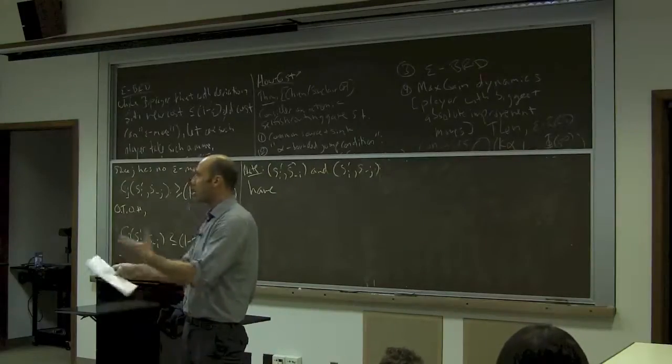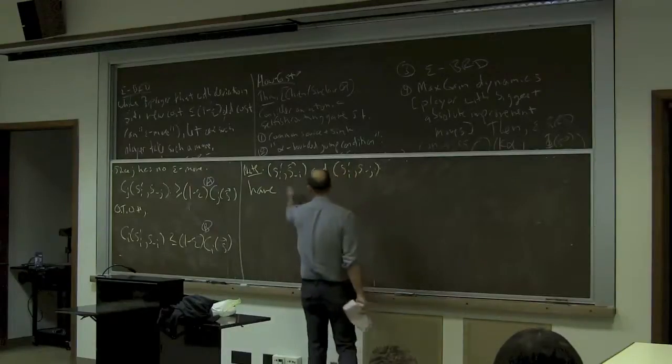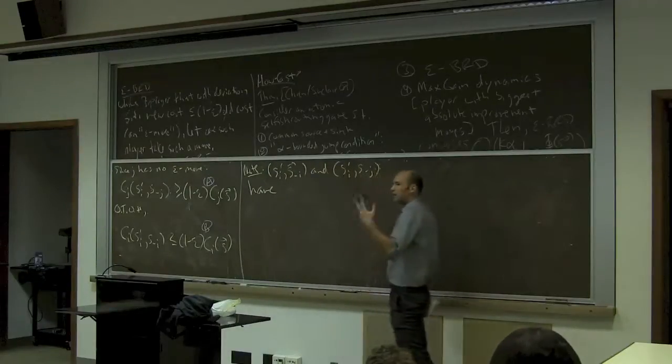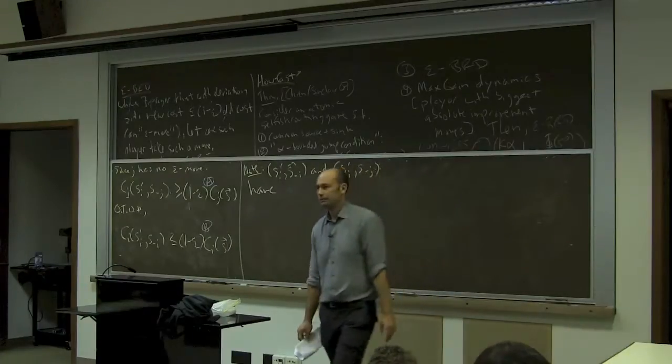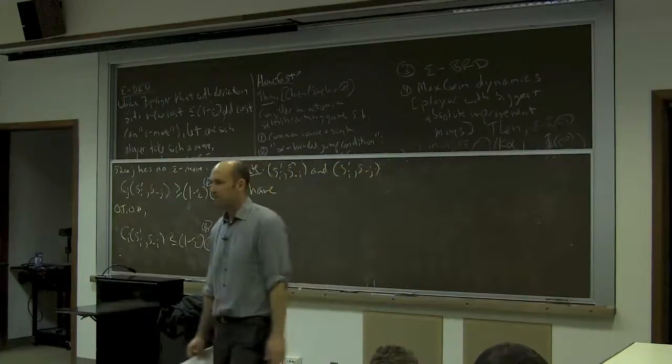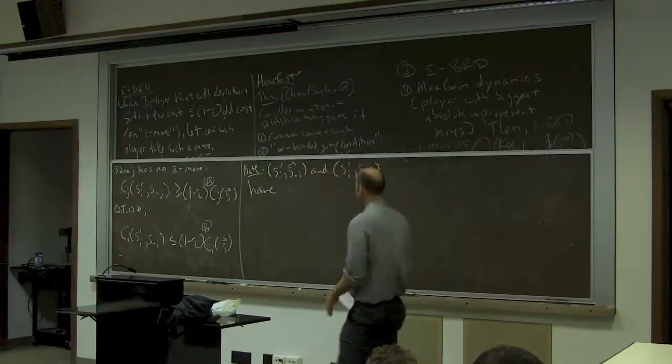So if I think about the load of an edge, suppose there's some edge which is used by 5 players here. What are the possible numbers of players it might be used by here? 4, 5, or 6. It's going to be off by 1 at most, because we only switched one path going between the two.